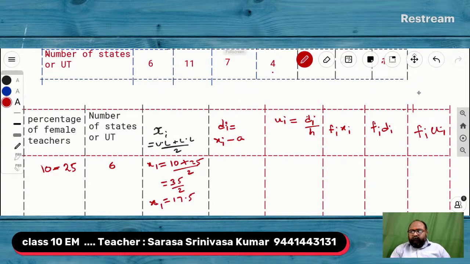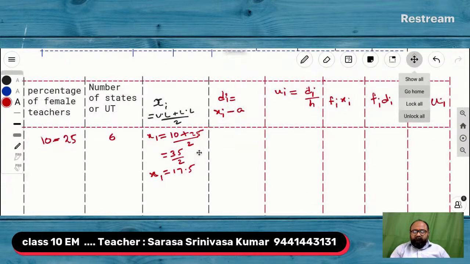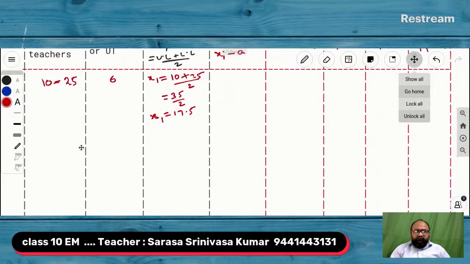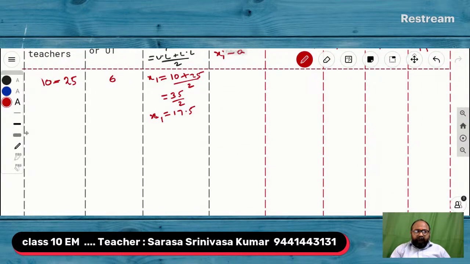Now we consider the second class interval.